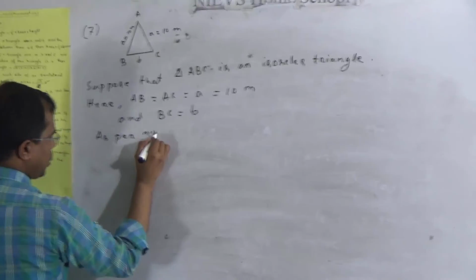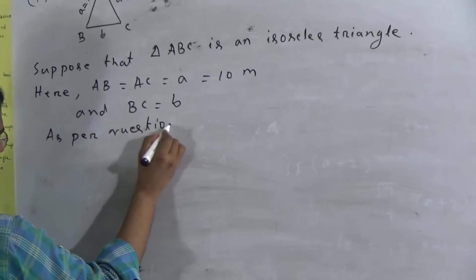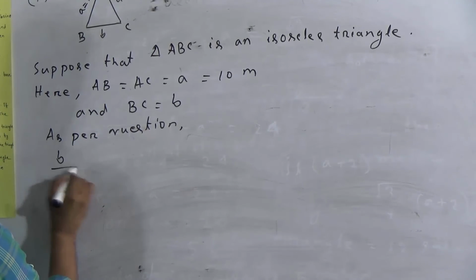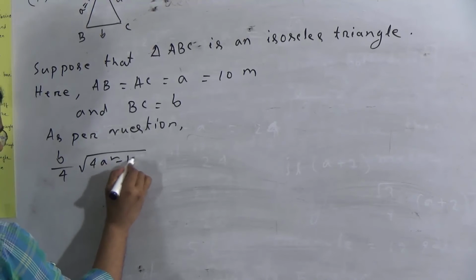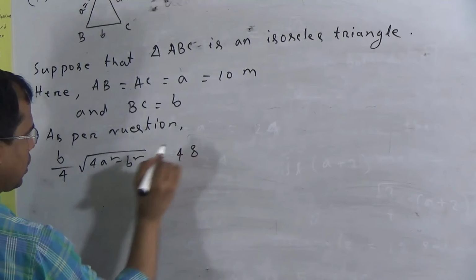As per question B by 4 root over 4A square minus B square equal to 48.